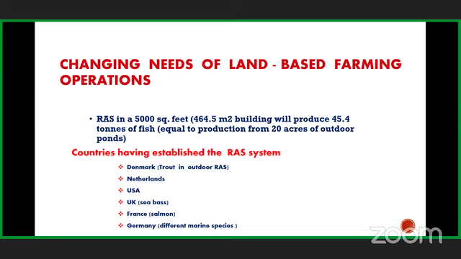Coming to where RAS is operating globally, there are countries like Denmark, specifically for trout, then the Netherlands, US, UK for sea bass, France for salmon, and Germany, where RAS is getting popular day by day.